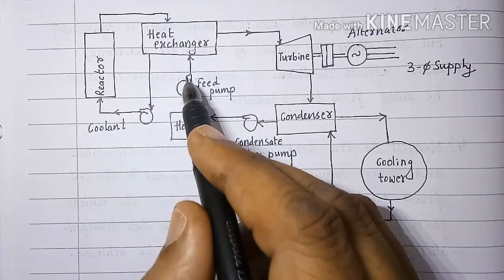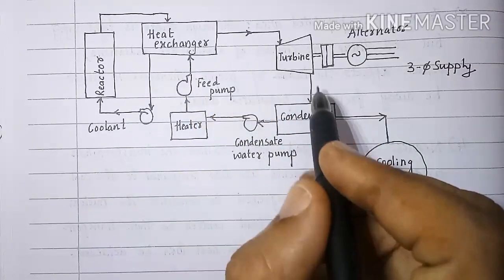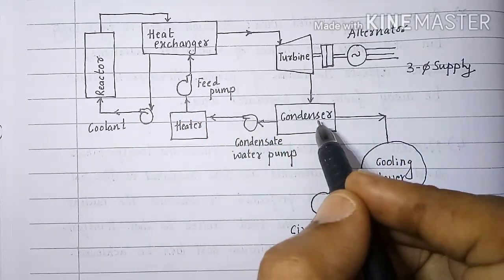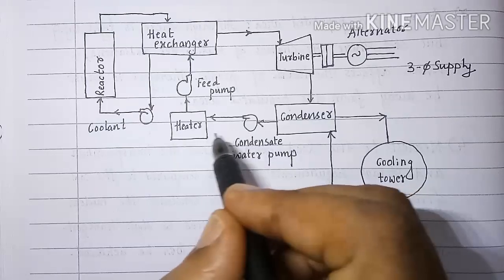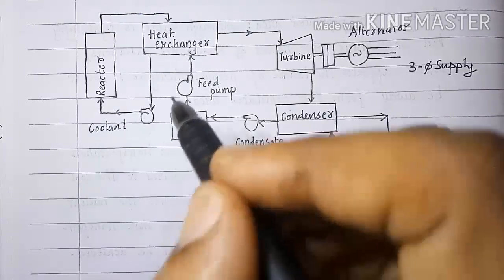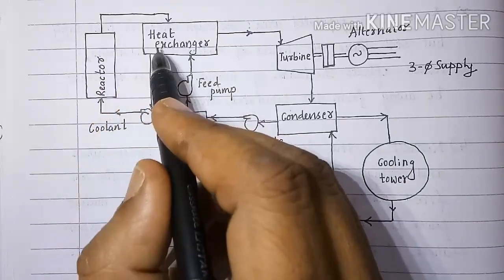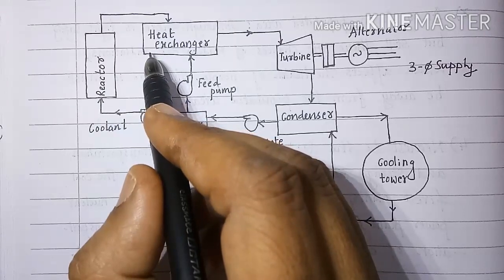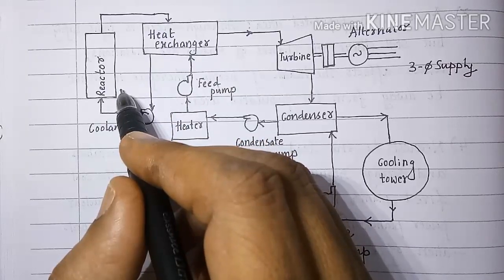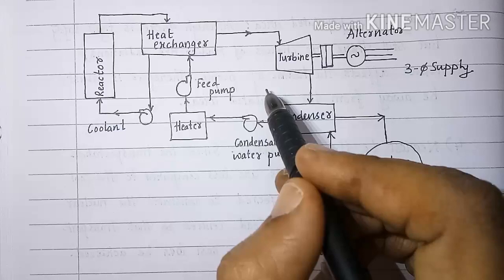So, working fluid cycle is completed through heat exchanger, turbine, condenser, condensate water pump and heater. Whereas the coolant flows between reactor, heat exchanger only. So this is one closed loop here that you can see, and here is another closed loop that you can see.